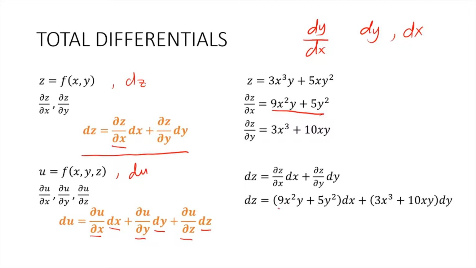Copy. Okay, and then just copy dx also from the formula. And then partial derivative of z with respect to y, this one, copy. Then again, copy dy from the formula. This is now our total differential of z. All right.